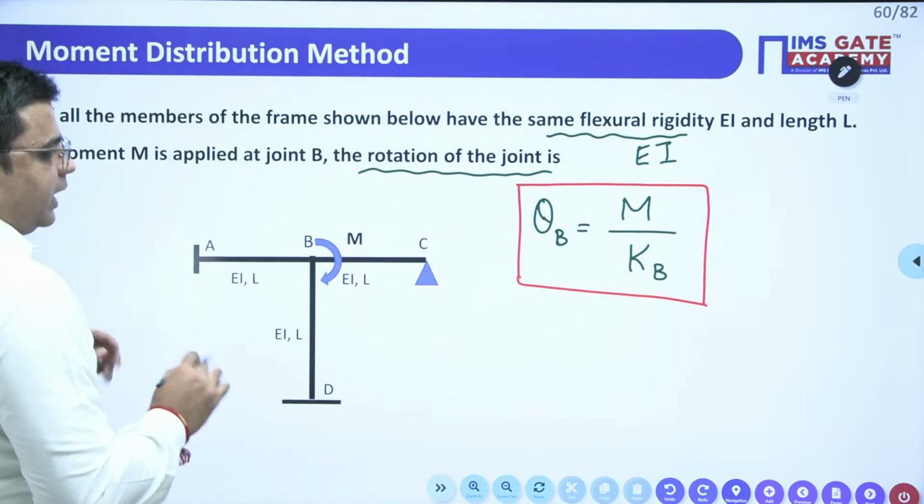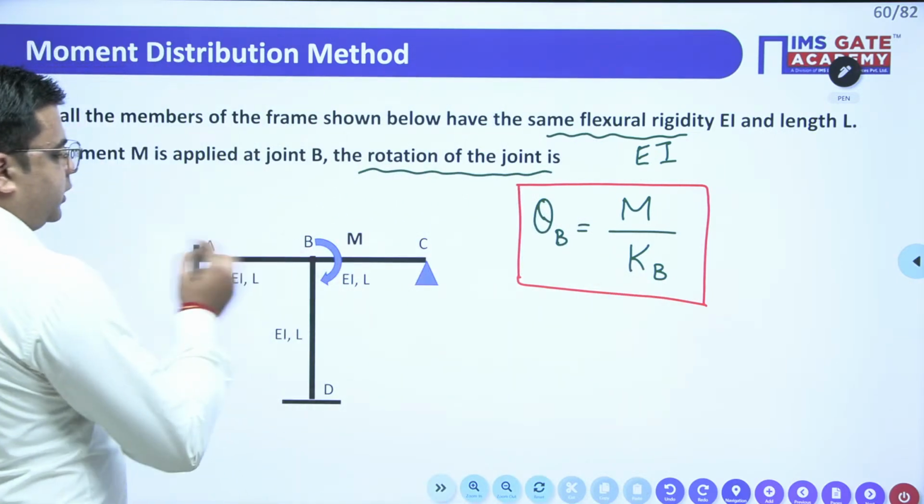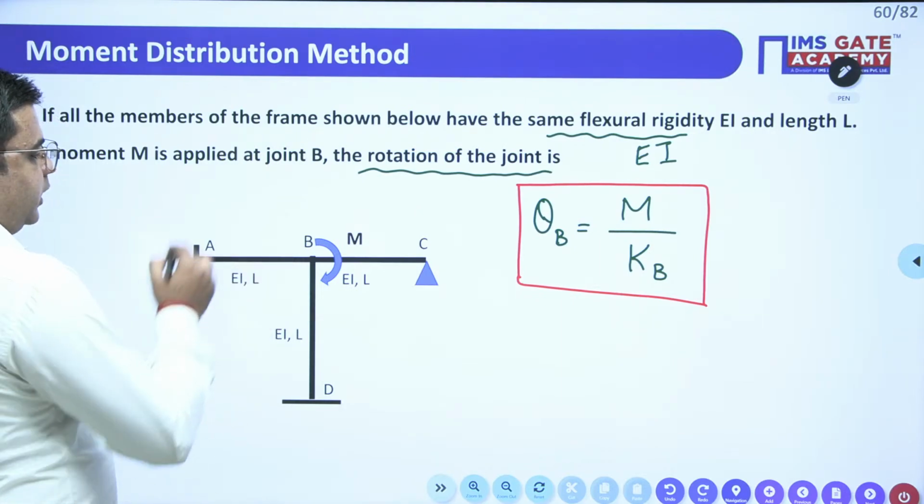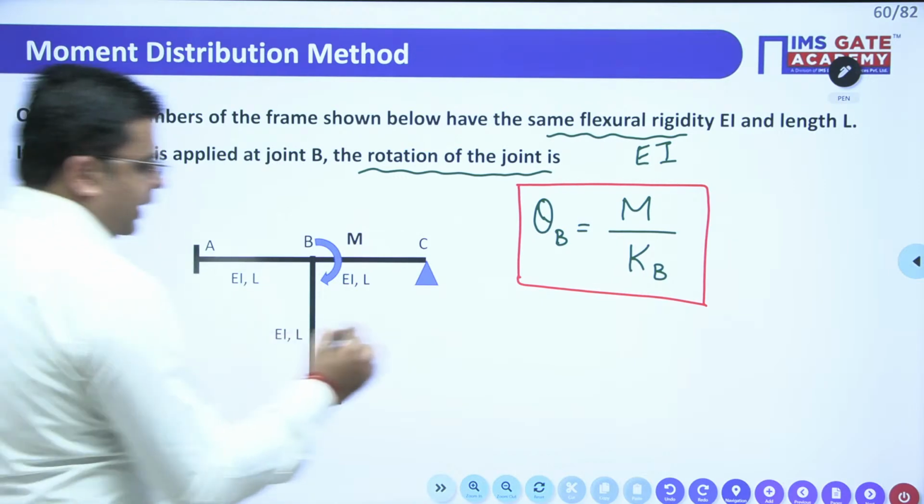For member AB, the far end is fixed, right? So the stiffness for AB, I can write here directly.